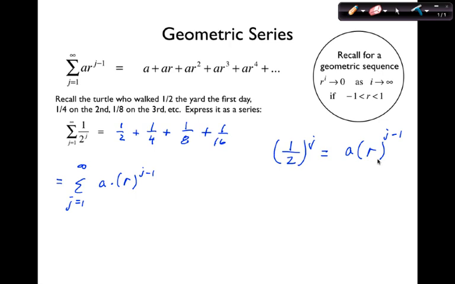Remember, this means multiply 1/2 j times together. This means multiply R together j minus 1 times. So if we make R 1/2, then how does multiplying 1/2 j minus 1 times compare to multiplying 1/2 j times?